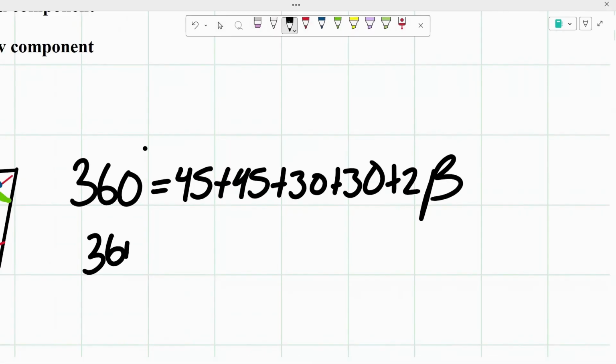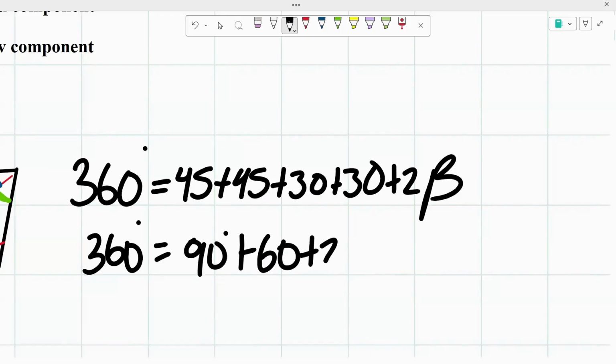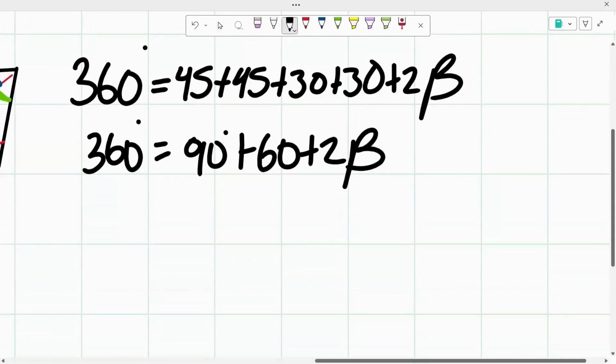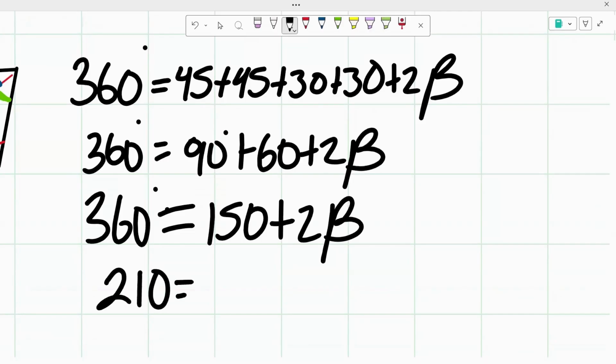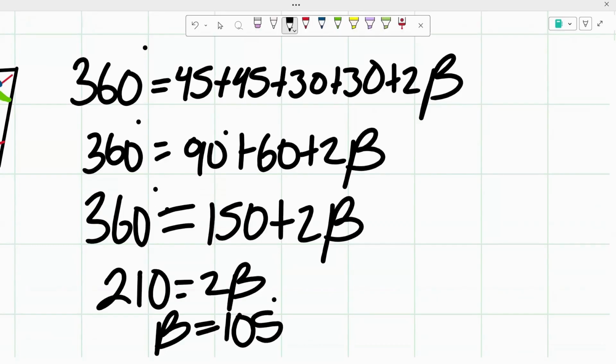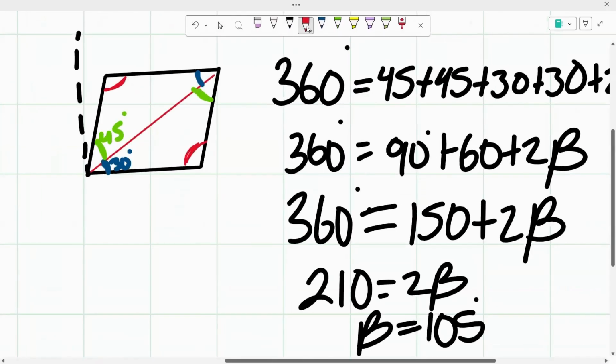So we have 360 degrees is equal to 90 plus 60 plus 2 beta. 90 plus 60 is 150 degrees plus 2 beta. 360 minus 150 equals 210, giving us that beta is equal to 105 degrees. So both of these angles are going to be 105 degrees.